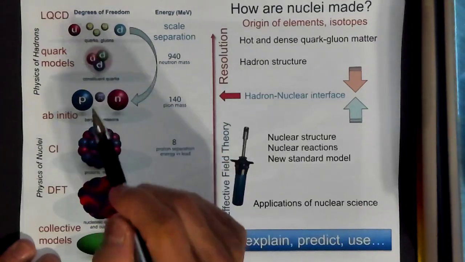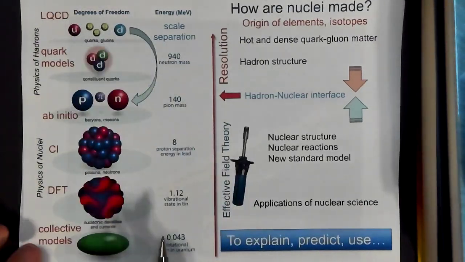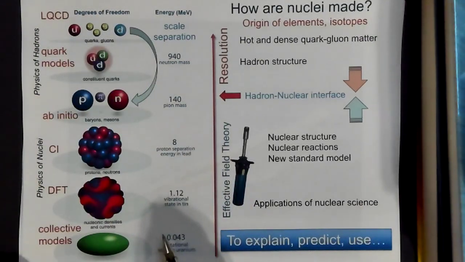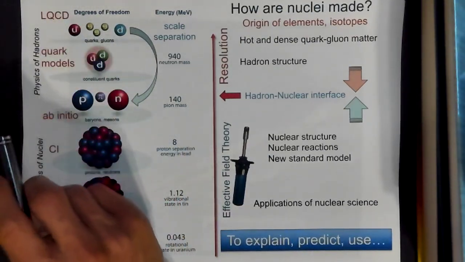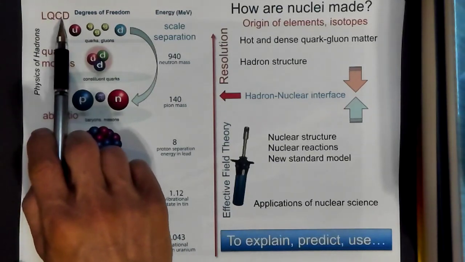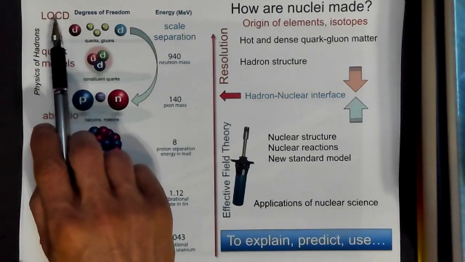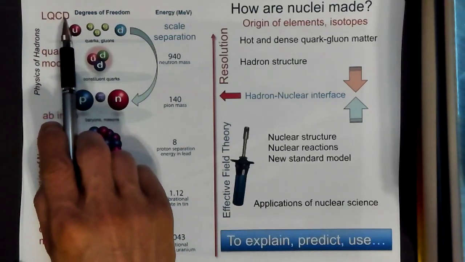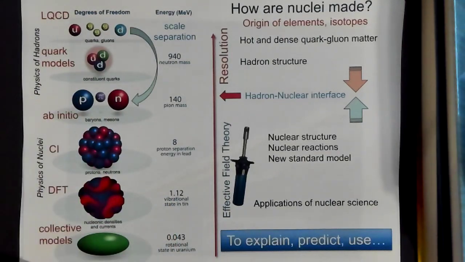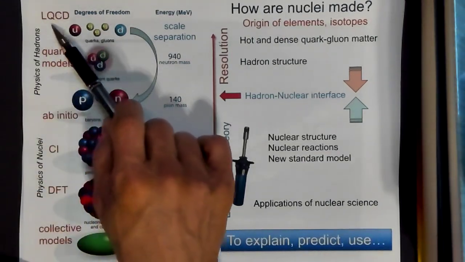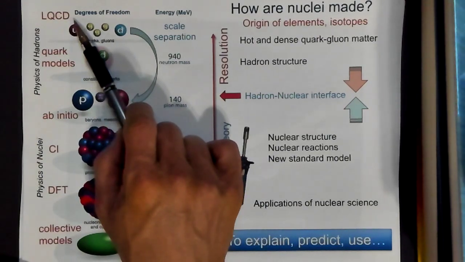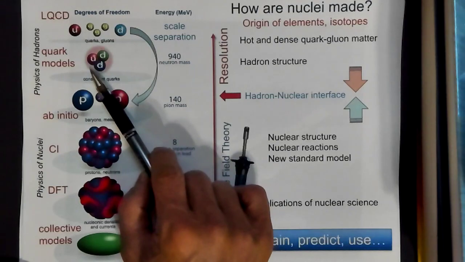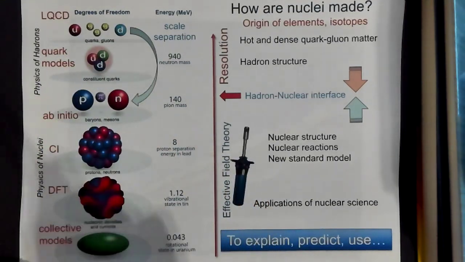Well, this is a neutron, UDD. There are various models for describing what's going on, but lattice QCD, putting quantum chromodynamics, the fundamental theory of the strong interactions, on a lattice, dividing space and time into a lattice, and then doing calculations on a supercomputer, is in some sense the gold standard for doing these calculations.